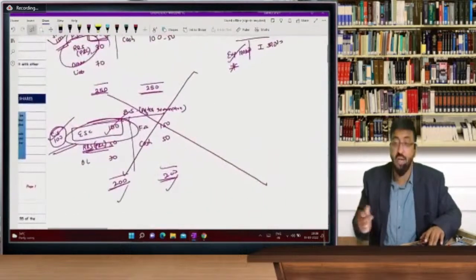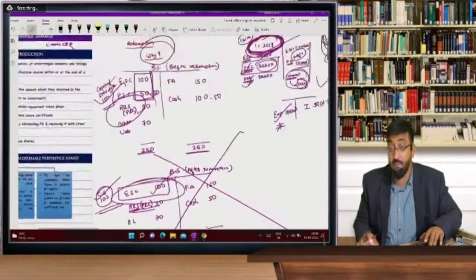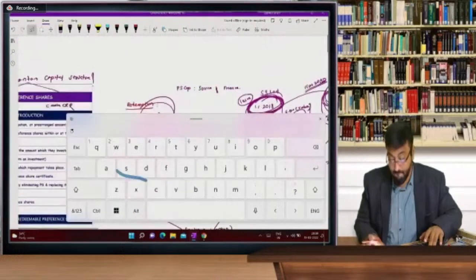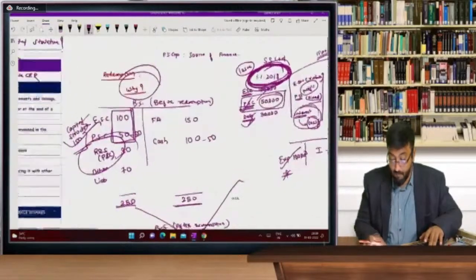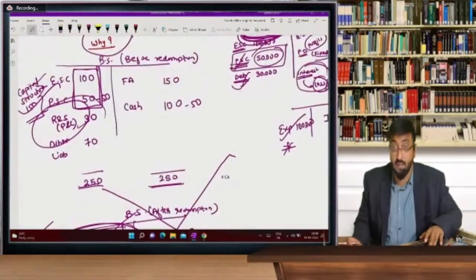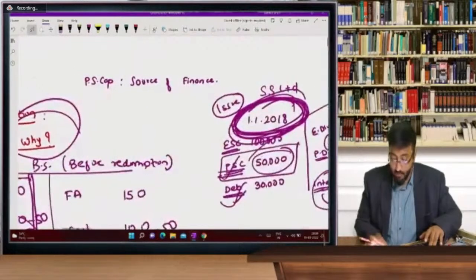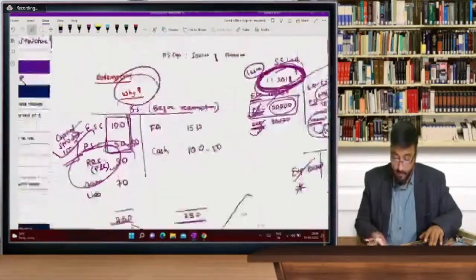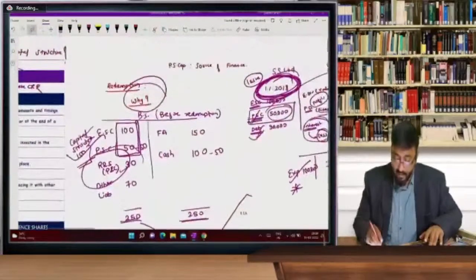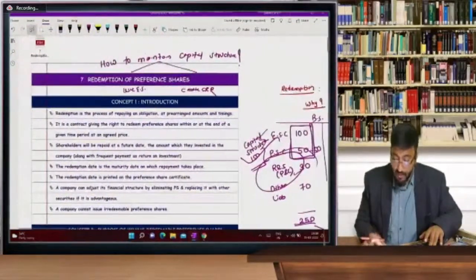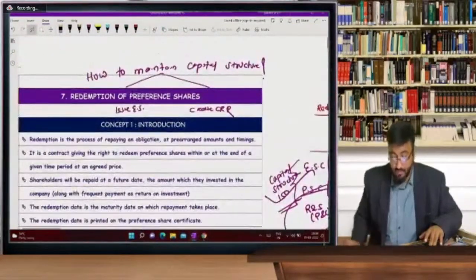Chalo, last 20 minutes, fast, 20 minutes only. We have to read all of it, and 2 questions we are going to solve today, and then the day after tomorrow, solve minimum 4 problems. Chalo, write down this example. Write down the name of this topic: redemption of preference shares.